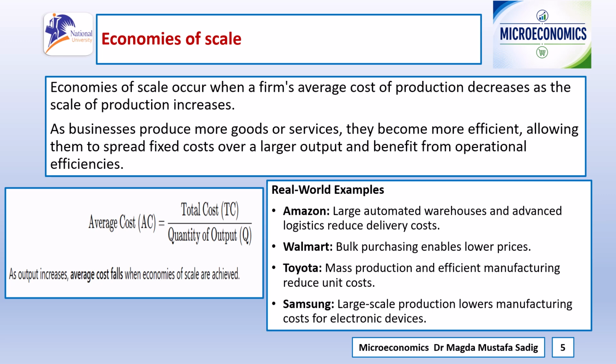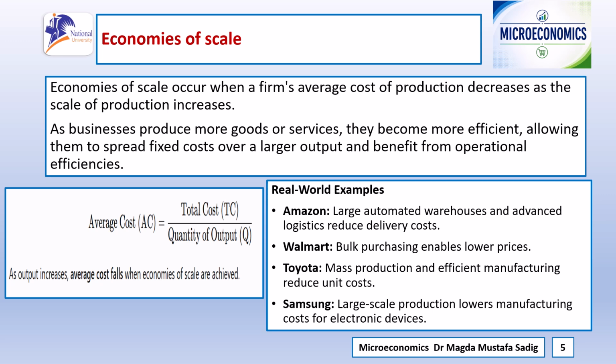Toyota uses highly efficient assembly lines to reduce production costs. Samsung produces electronic devices in massive quantities, reducing average manufacturing cost. These companies became global leaders partly because they achieved economies of scale.